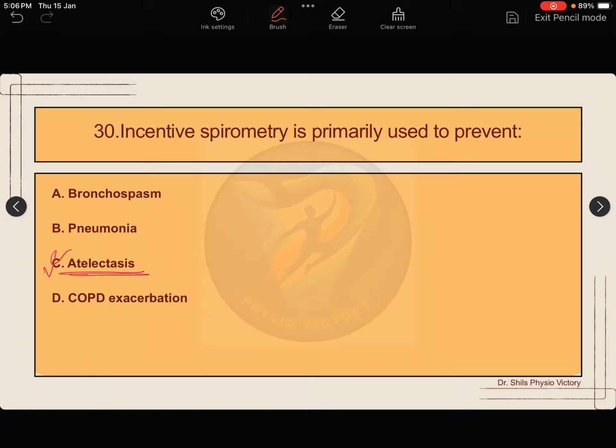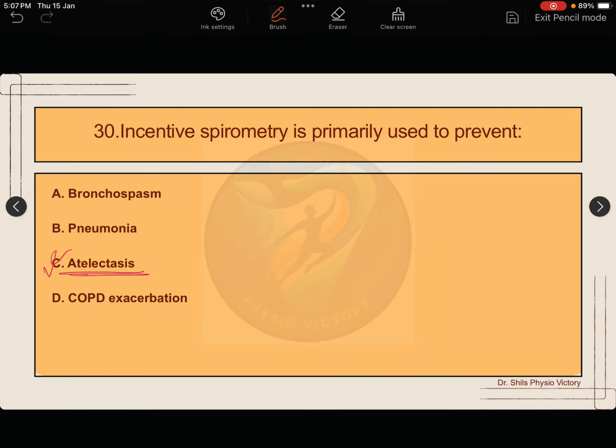Incentive spirometry encourages deep, sustained inspiratory efforts using a device with visual feedback. It's primarily preventive for atelectasis post surgery. It also improves ventilation perfusion matching and reduces shallow breathing risk.